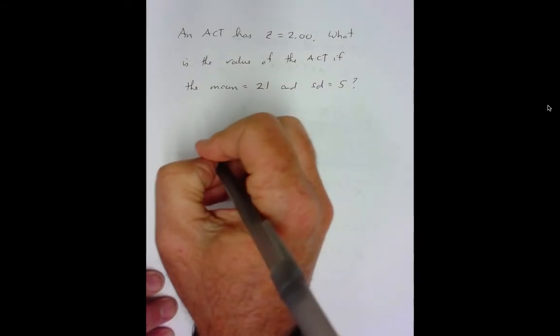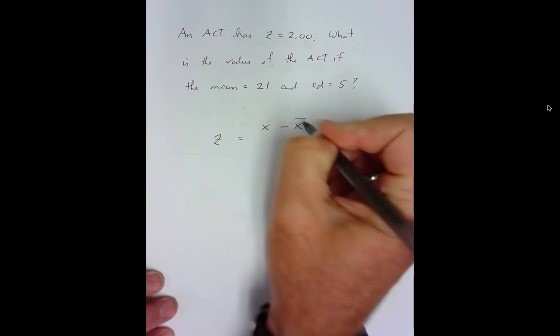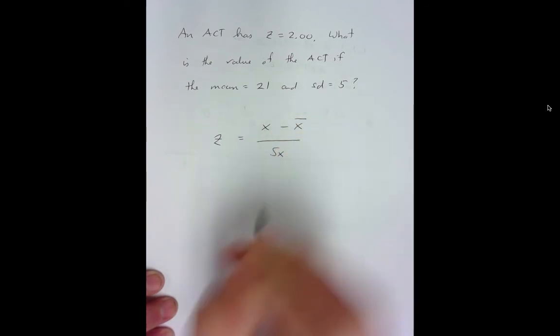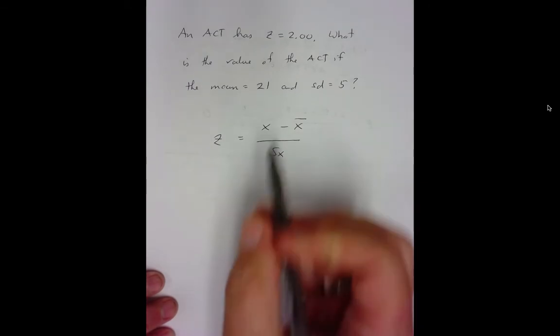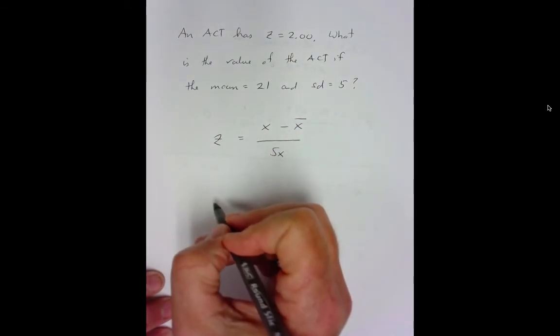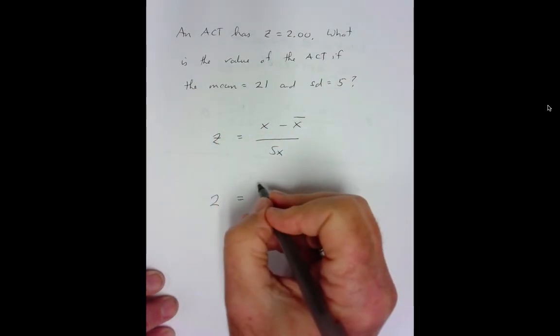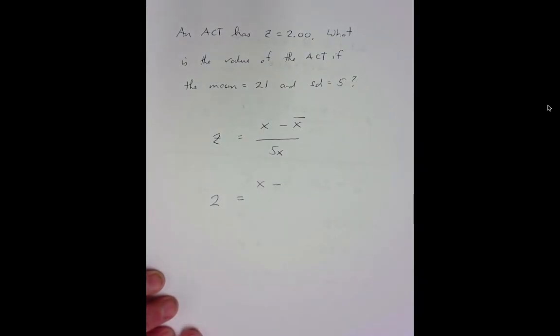So guys, again, the formula is what? The z-score is the score minus the mean over the standard deviation. So we know the value of the z-score here is 2. We want to know the value of the ACT, which we don't know, so we'll let that be x.